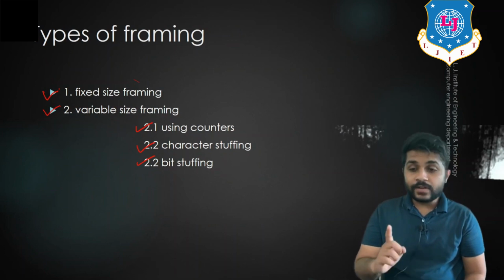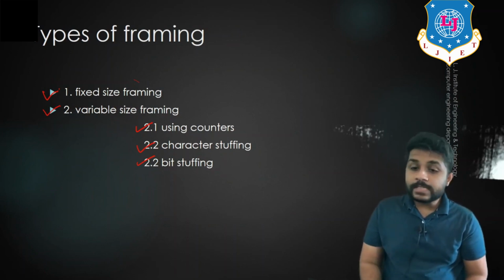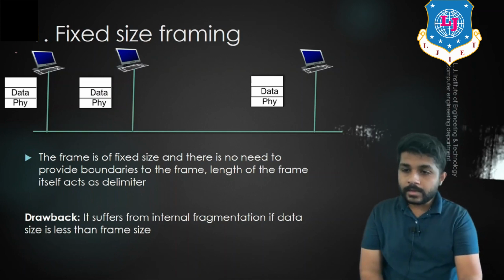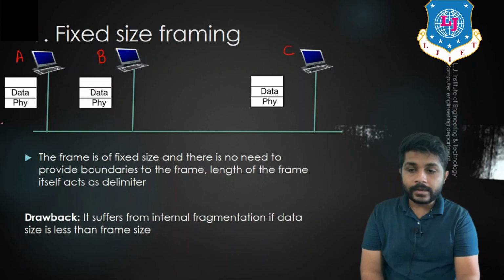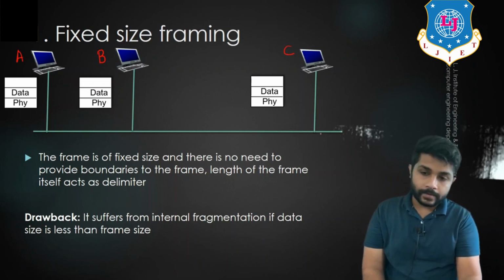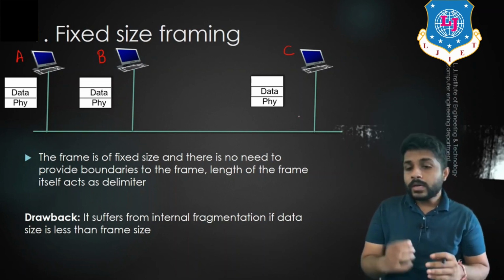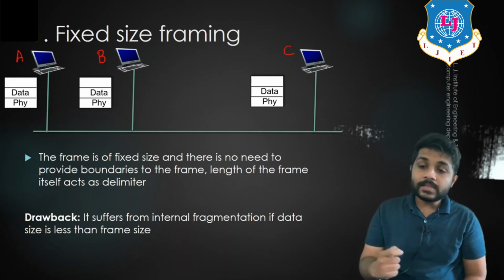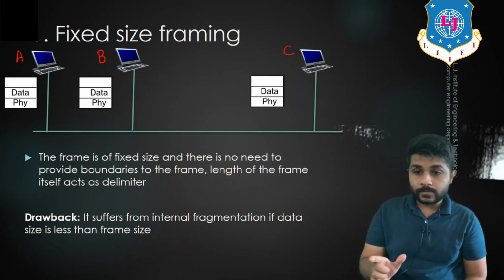Now let's see the first type, which is fixed size framing. Again, we are taking the same example, where three devices A, B and C are connected via a common link. Now in fixed size framing, the size of the data which is sent by the sender will be fixed.